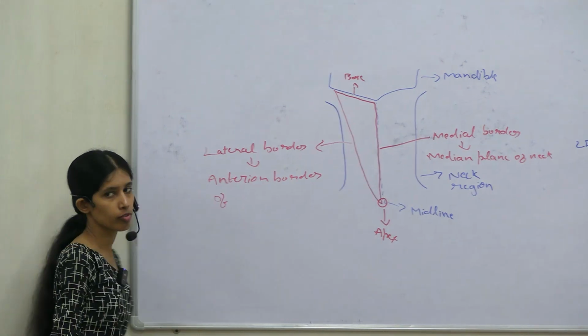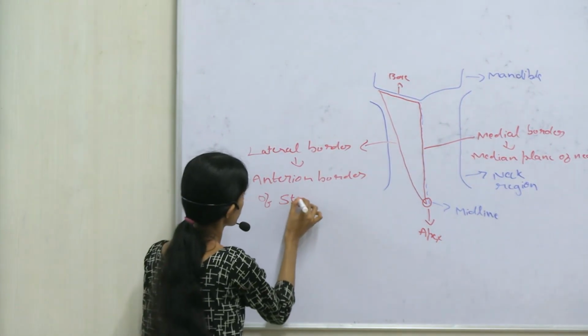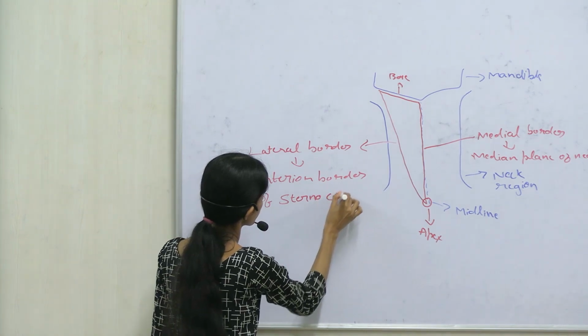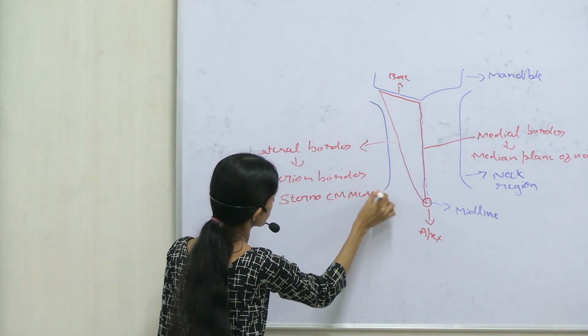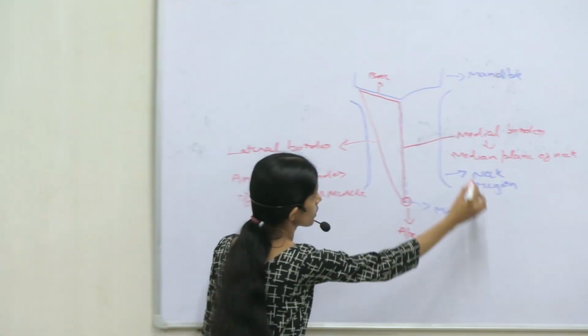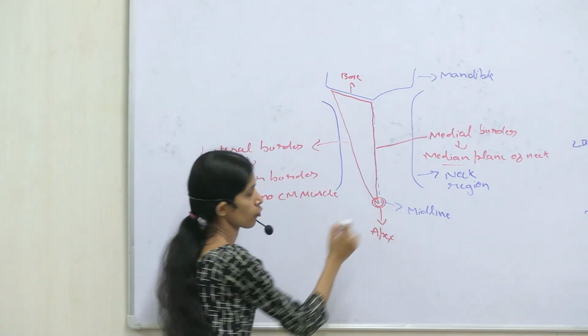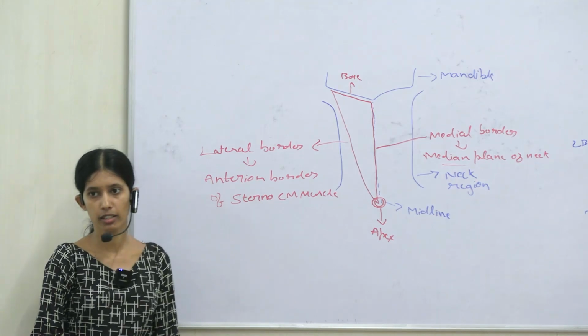Anterior border of sternocleidomastoid muscle. Meeting of your sternocleidomastoid muscle and the median plane of the neck forms the apex of your anterior triangle.